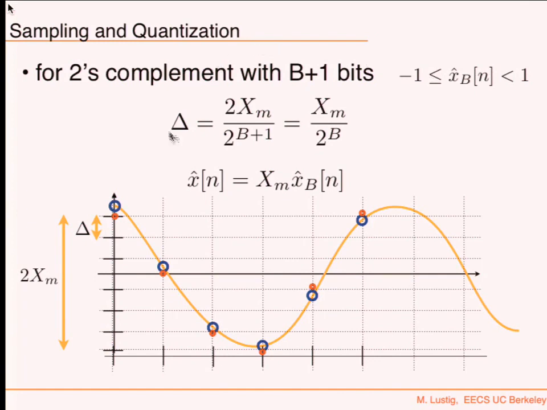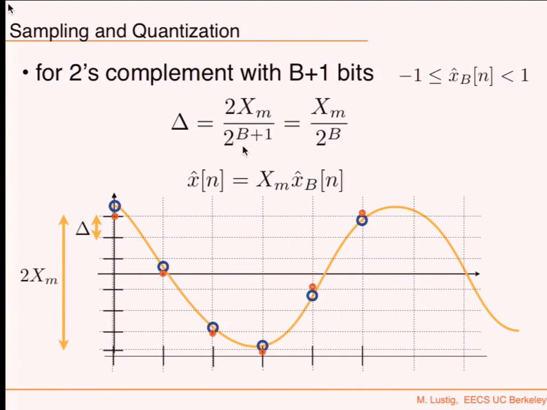Then delta, the size of each of these small quantization intervals, the finest accuracy that I can represent, is going to be 2 times x_m divided by 2 to the power of b plus 1, because this is the number of bits that I have, b plus 1.